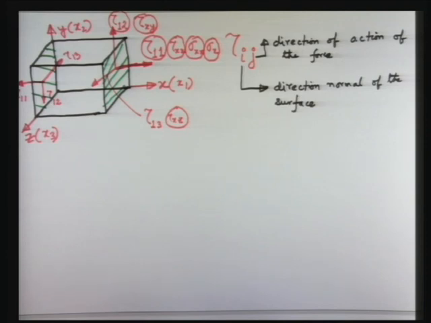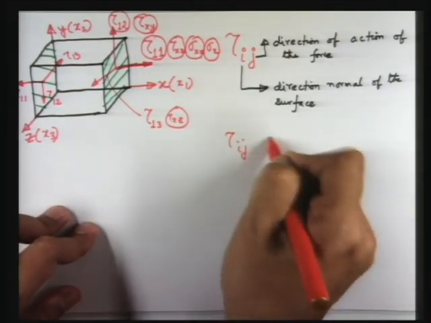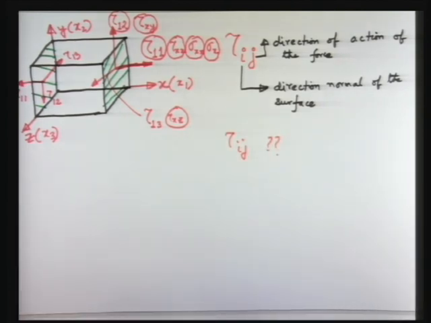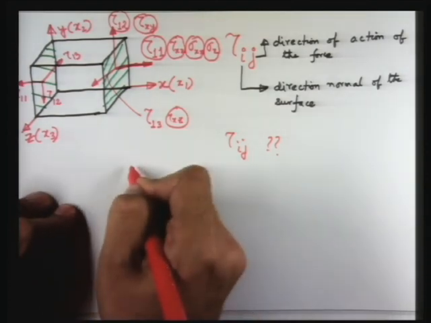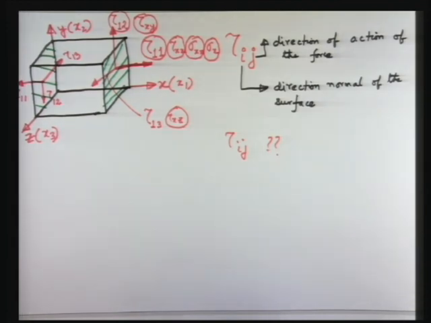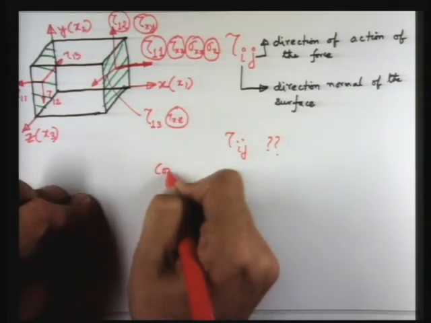Now, to complete this brief discussion on this representation of forces, the question remains, what are these tau ij's? So we call these, in terms of a jargon which is difficult to absorb for young undergraduate students, components of the stress tensor.